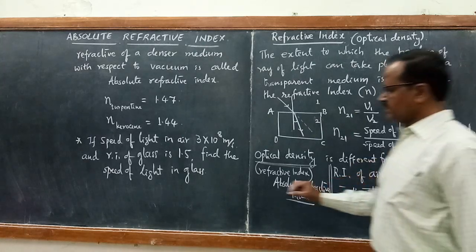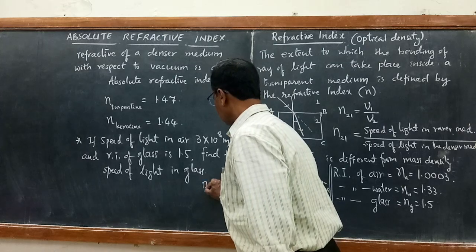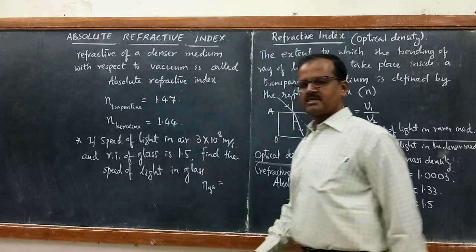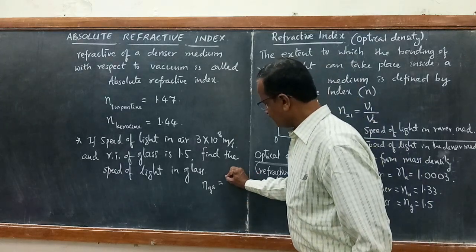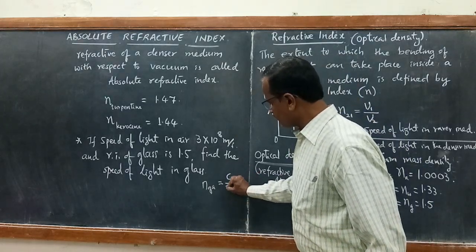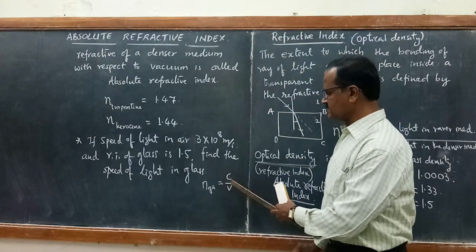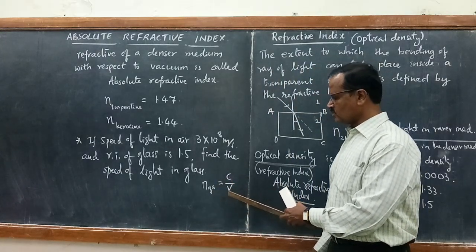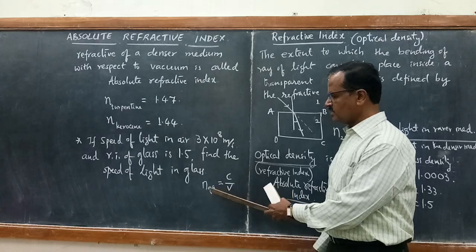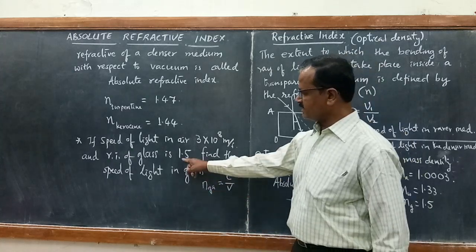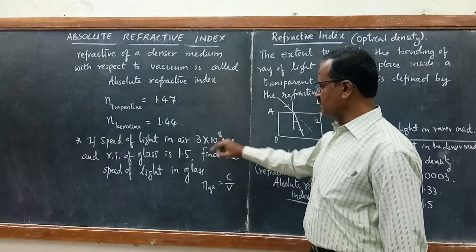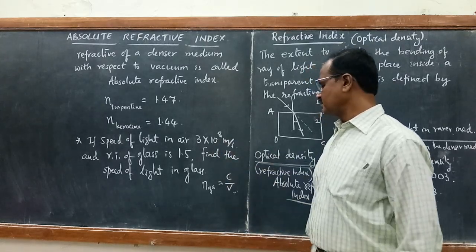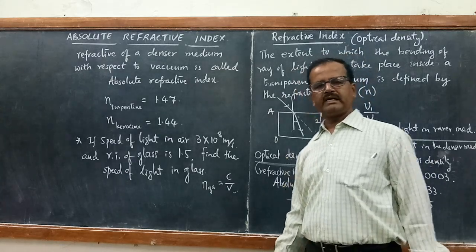So here refractive index of glass with respect to air becomes speed of light in air divided by speed of light in glass, where C is the speed of light in air and V is the speed of light in glass. So if you take this ratio, that gives you refractive index. Refractive index is given as 1.5. C is given as 3 into 10 raised to 8. You can very well find out the value of speed of light in glass.